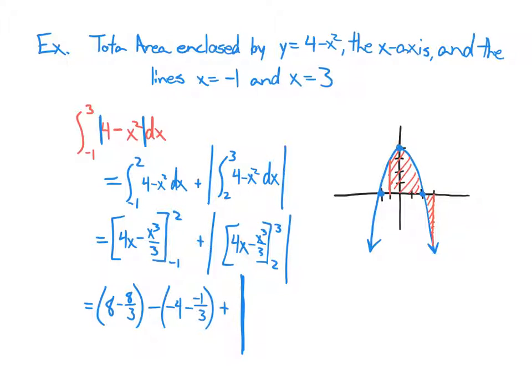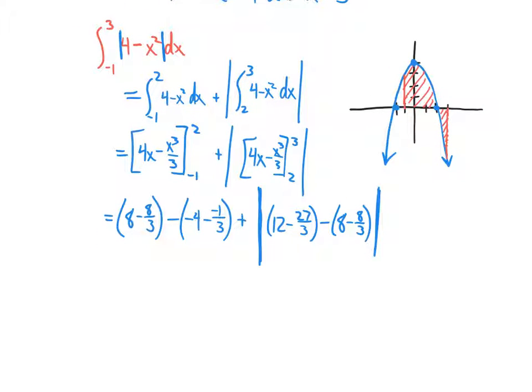Here I'm plugging in 3, so that's going to be 12 minus 27 over 3. Minus, plugging in 2 is 8 minus 8/3. Okay, and now it's just a matter of simplifying.